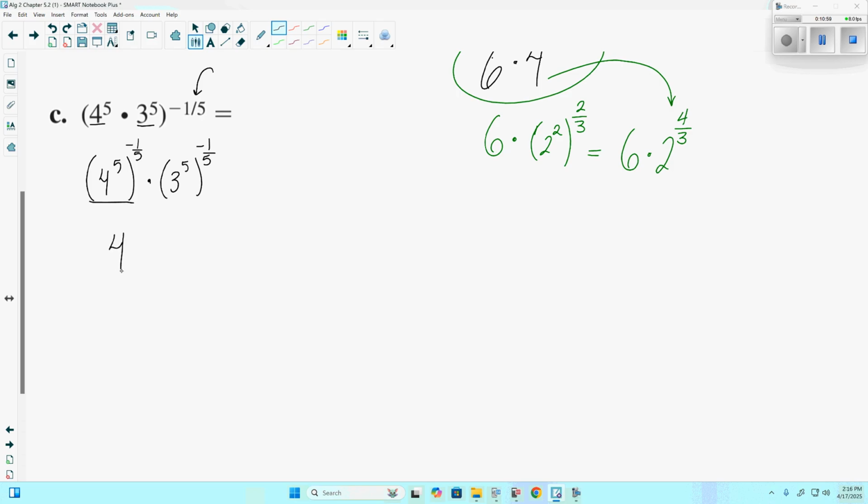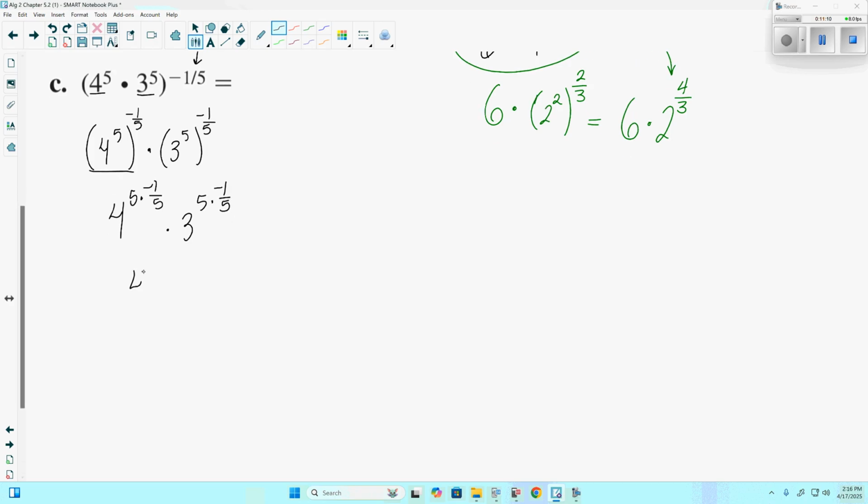Powers of powers do what? Multiply. Five times negative 1/5 is what? Negative 1. Because 5 times 1/5 is 1, because we'd have 5 over 5, which reduces to 1. So 5 times negative 1/5 would be negative 1.